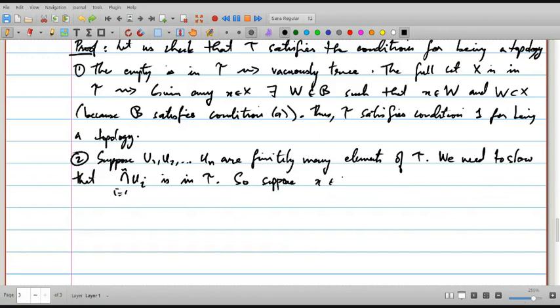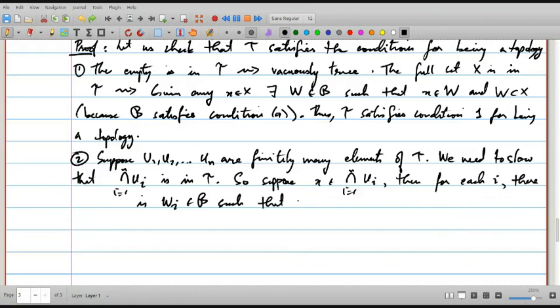So suppose x is in the intersection of the Ui's. Then for each i, since the Ui's are in tau, there is Wi in B such that x belongs to Wi and Wi is contained in Ui. Thus, x is in the intersection of the Wi, which is contained in the intersection of Ui.